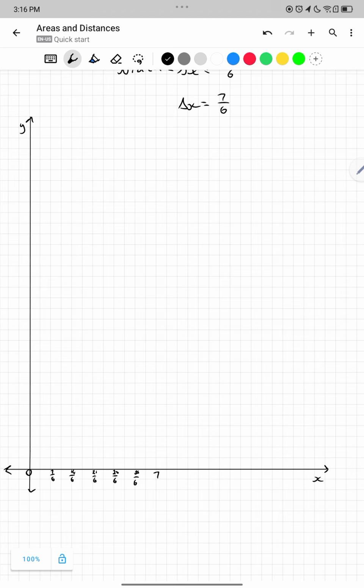We're going to figure it out later, because it's going to be something else. Like this, something like this. It's a beautiful curve. And they said we should use right endpoints, so it's something like this.